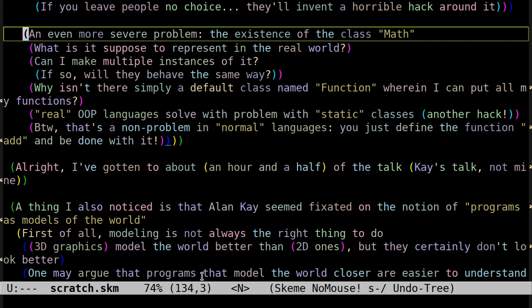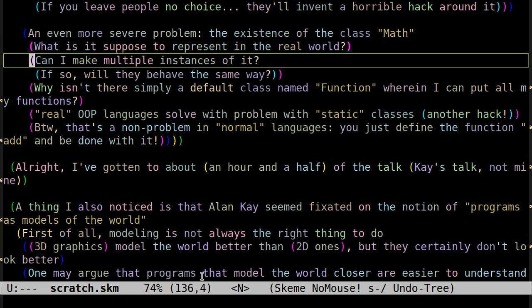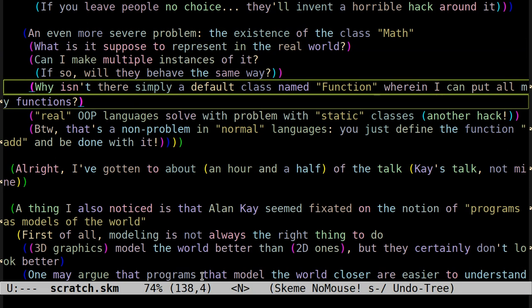So an even more severe problem is the existence of the class named Math. What is that class supposed to represent in the real world? Can I make multiple instances of it? If so, will they behave the same way? And why isn't there simply a default class named Function where I can put all my functions in there?